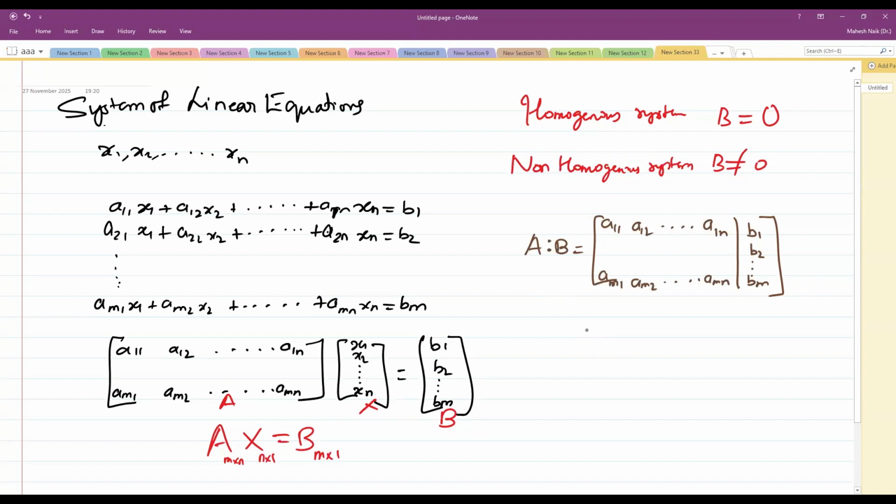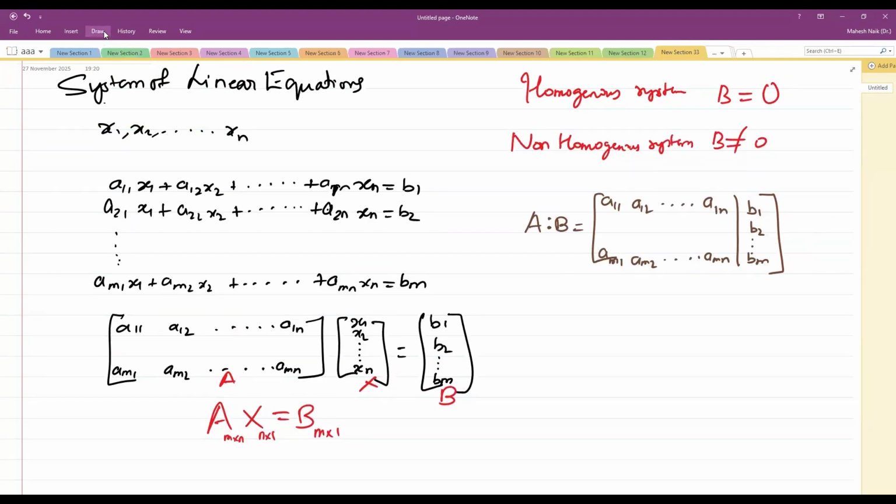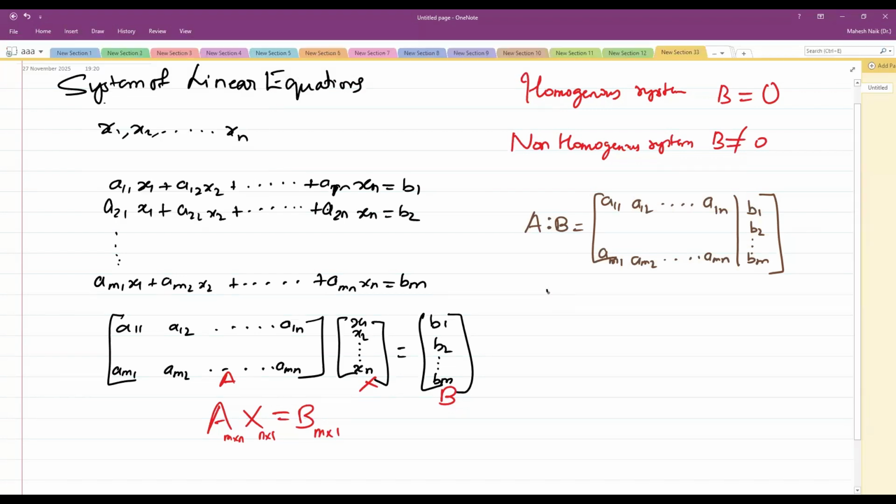So if I'm working with a non-homogeneous system, which means b is not equal to 0, in such a case we find the rank of the matrix A and the rank of the matrix A augmented B, and we look for equality.